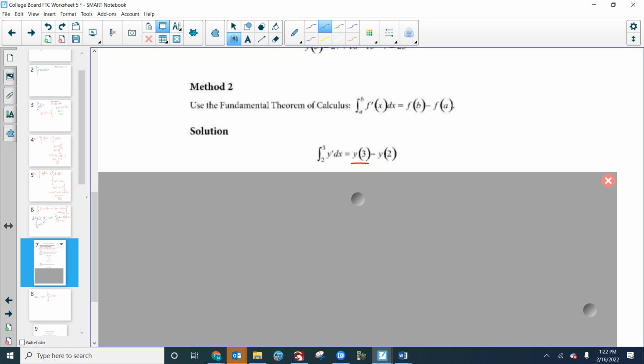How do I get y of 3 by itself? Add y of 2 to the other side. Okay. Y of 2 plus the integral from 2 to 3 of y prime dx equals y of 3.